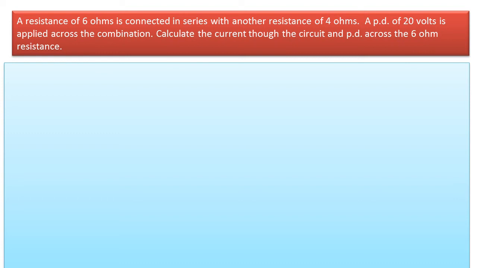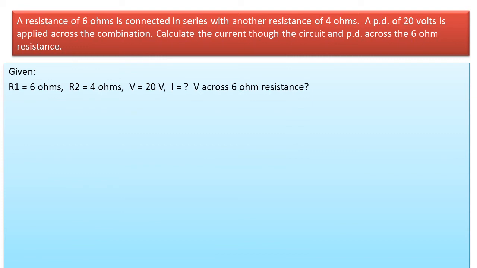And you have been told to find out the value of current, right? So I is equal to what? Fine. And not only that, they have asked you to calculate potential difference across the 6 ohm resistance. Recently, we have learned that if it is series combination, then the same current flows through the entire circuit, or the same current is available to all the resistors.